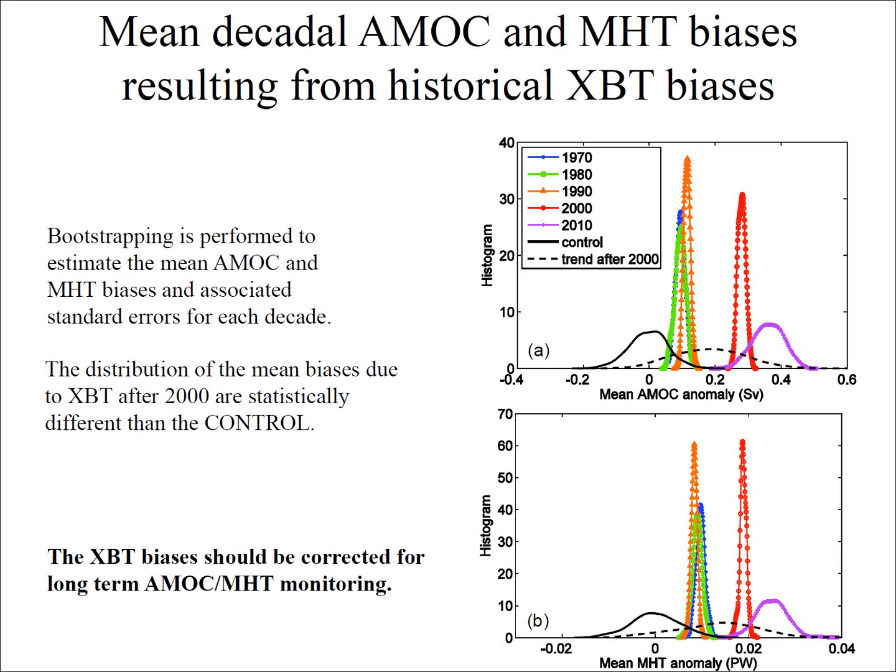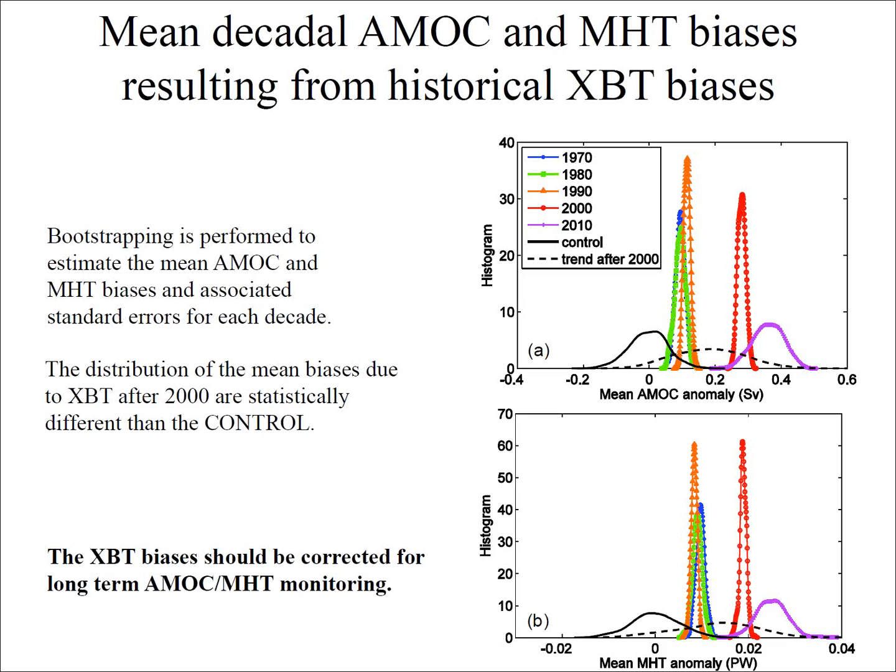So let's go one by one here. Of course, in the control simulation, we assume zero residual and a variability given by the variability of the AMOC and the variability of the heat transport. And we have this distribution here. The first three decades, the 70s to the 90s, are within the uncertainty of the variability of the AMOC here. So they are not statistically significant. So this trend in the beginning of the time series is not significant.